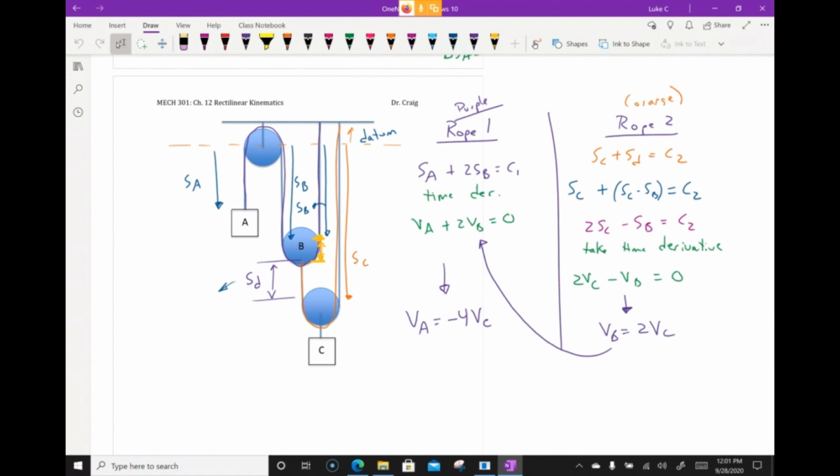Then I'll show you a six-roped section of a pulley that I pull up and down on, and you can see what happens to the different rope sections and how fast they go. I don't know if anybody watched that one video I did with the dependent motion. Each rope section will move at a different rate.